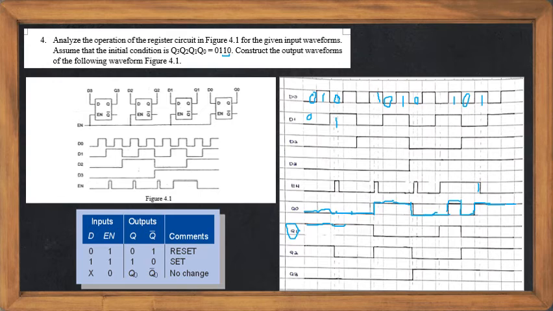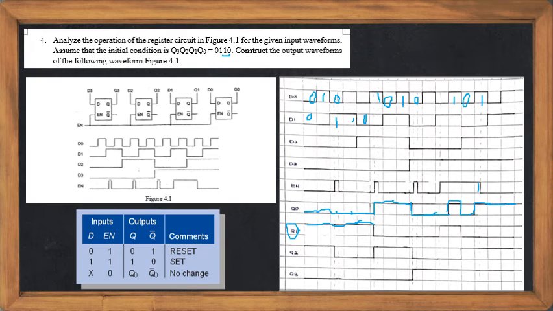And then when D is 1 and the enable is 0, it will be no change. And same as when D is 0 and enable is 0, it will be no change.